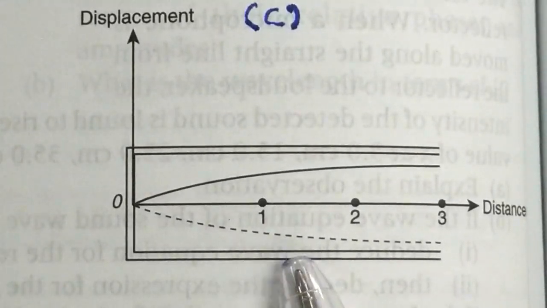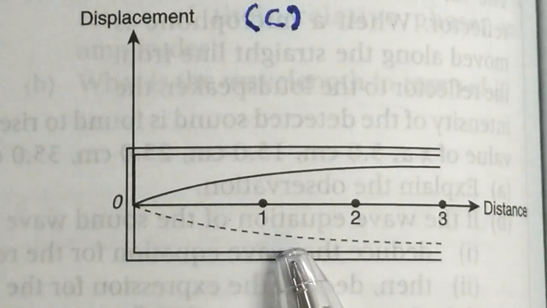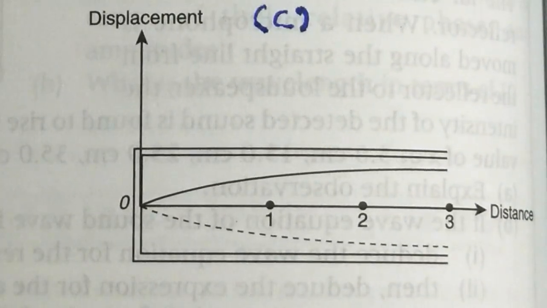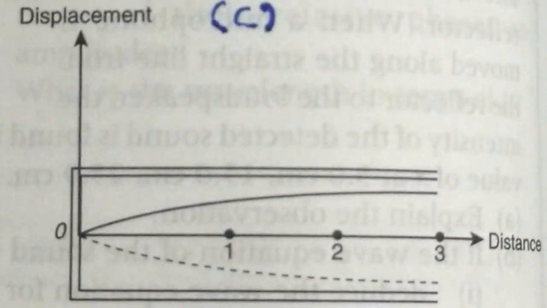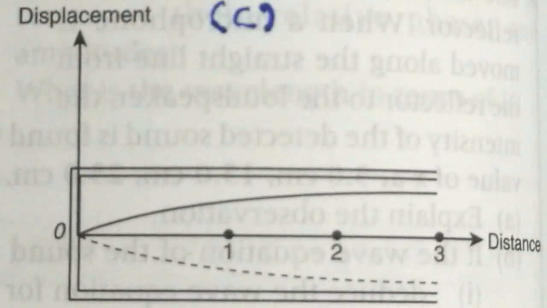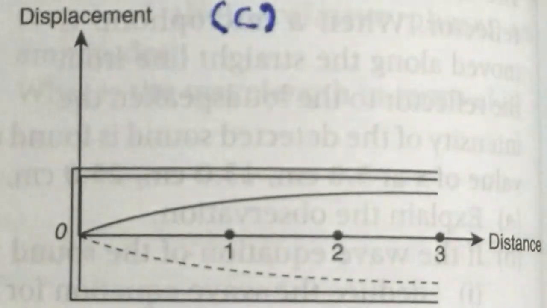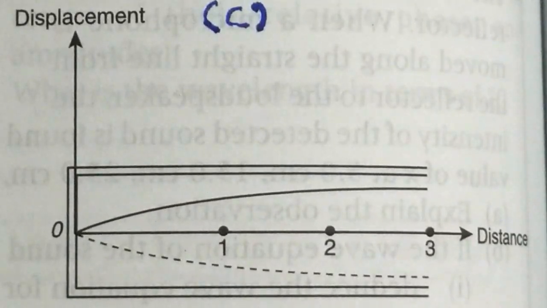This graph shows the fundamental mode of vibration. The sound emitted is known as the fundamental note. This is the formation of a stationary wave in an air column, or closed pipe, which we also call the fundamental mode of vibration.